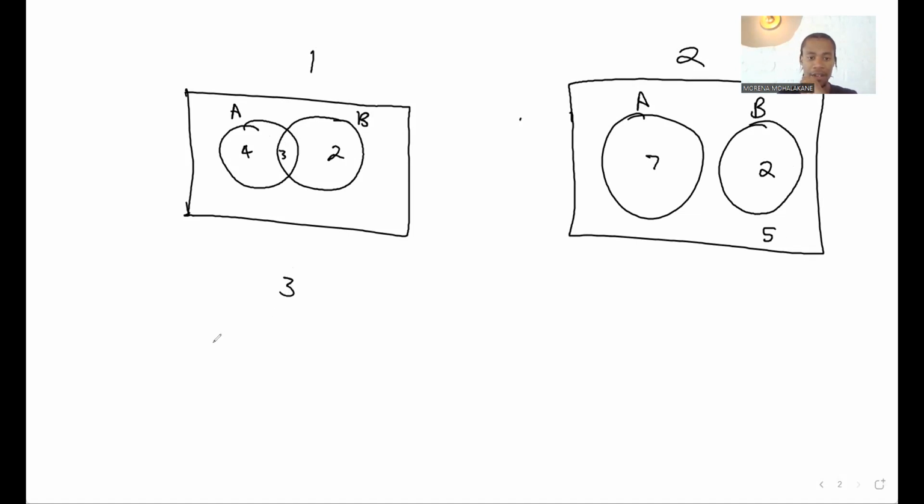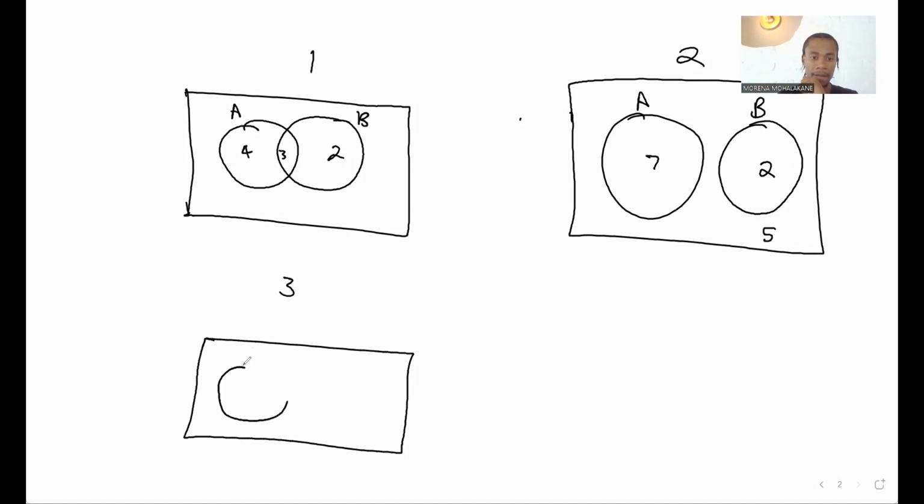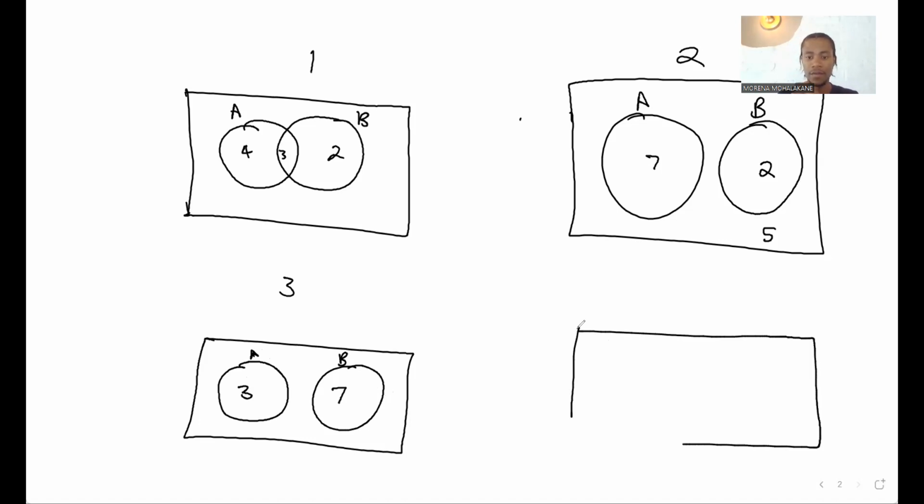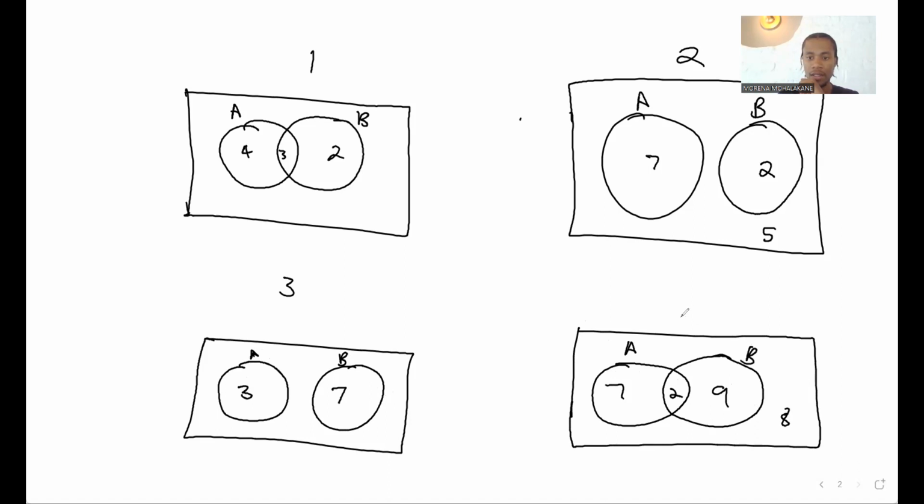Right, let's have number 3: 7, 3, then A, B. Okay, and then number 4: 7, 2, 9, 8, A, B. This is number 4.